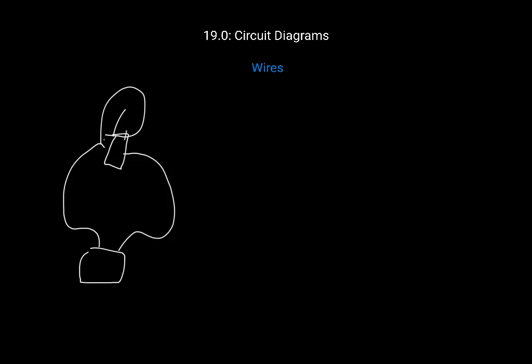Now, wires are the most straightforward part of the diagrams that we've worked with before. Before, we had our battery, we had wires coming out, and they were just these kind of squiggly lines, because in general, wires are pretty squiggly. You can bend them around and anything like that.